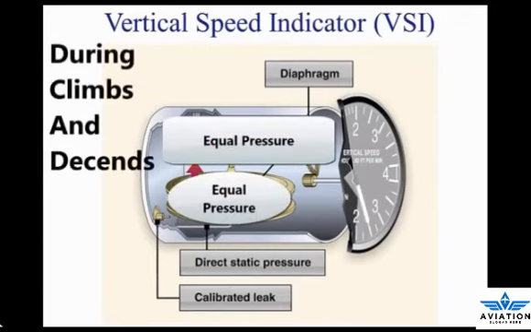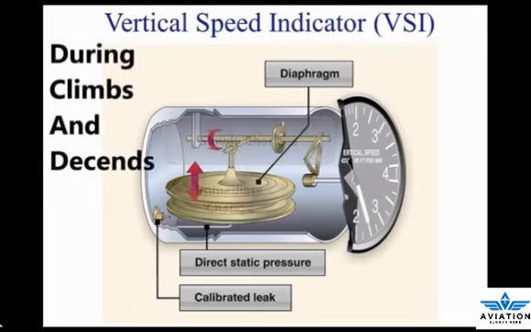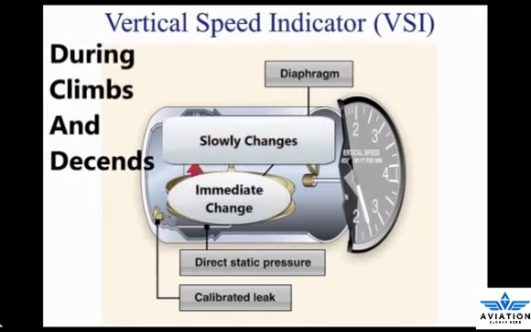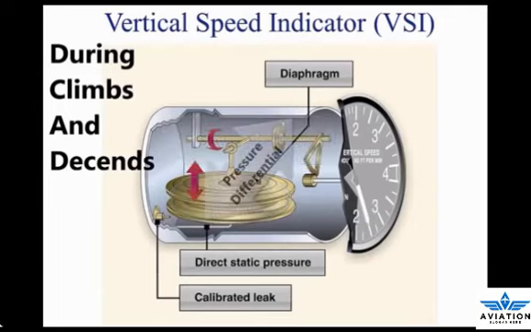When the aircraft climbs or descends, the pressure inside the diaphragm changes immediately, but due to the metering action of the restricted passage, the case pressure remains higher or lower for a short time, causing the diaphragm to contract or expand. This causes a pressure differential that is indicated on the instrument needle as a climb or descent.